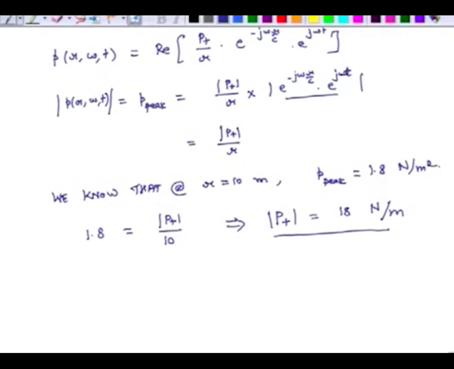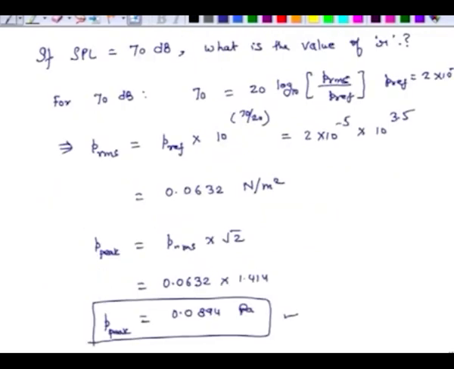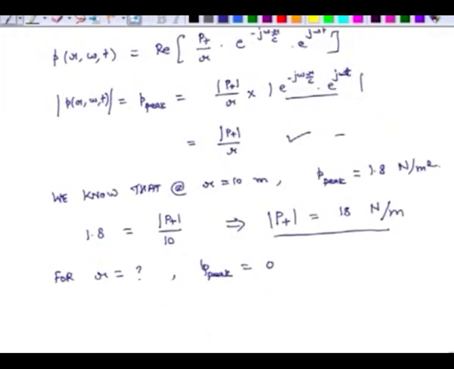So, with this understanding, I put this in this equation. For r equals unknown, P peak equals, as we calculated corresponding to 70 decibels, 0.0894 pascals. So, now I have to find the value of r.